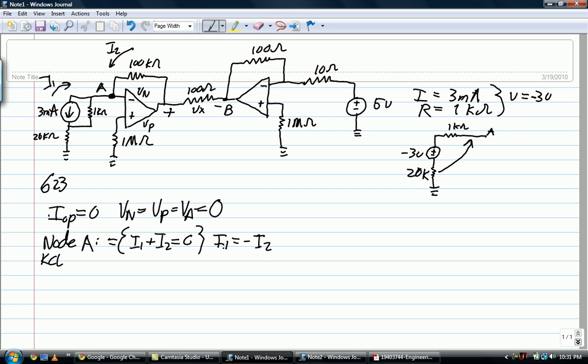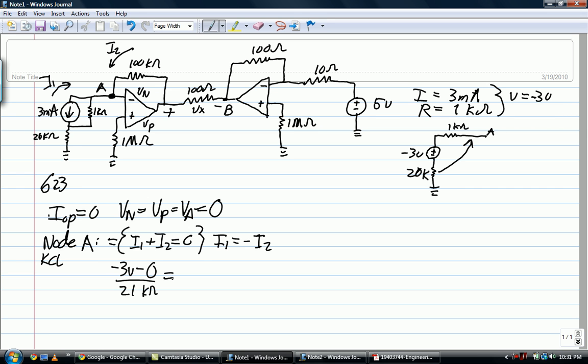Now let's break these up using Ohm's law. We'll be finding the current. And so the current, looking at here, would be minus 3 volts minus our nodal voltage at A, which we already declared to be 0, over our cumulative resistance, which is 21 kilo ohms.